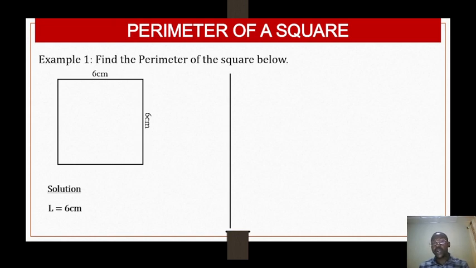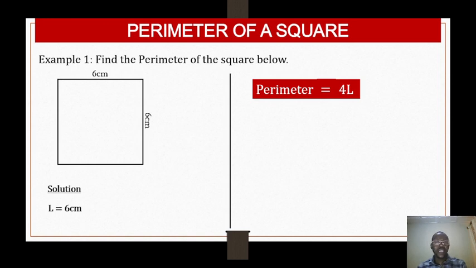The next thing is to write out our perimeter, which is equal to 4L, and don't forget, I said before that 4L means 4 times L. Our L is given in the question, so we put in the value of length.